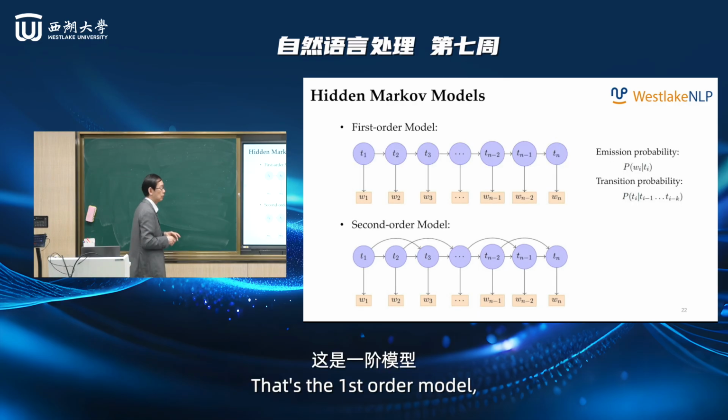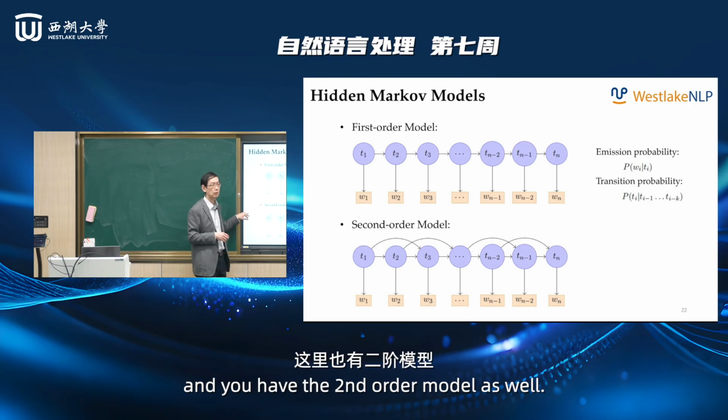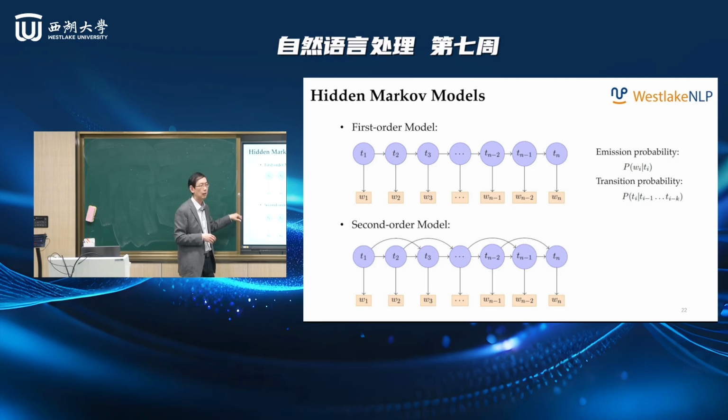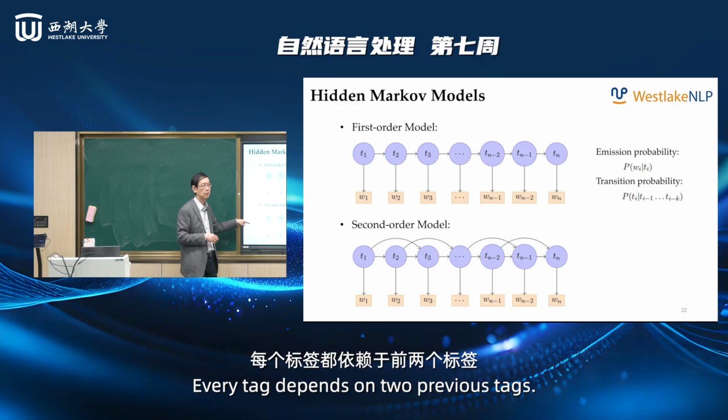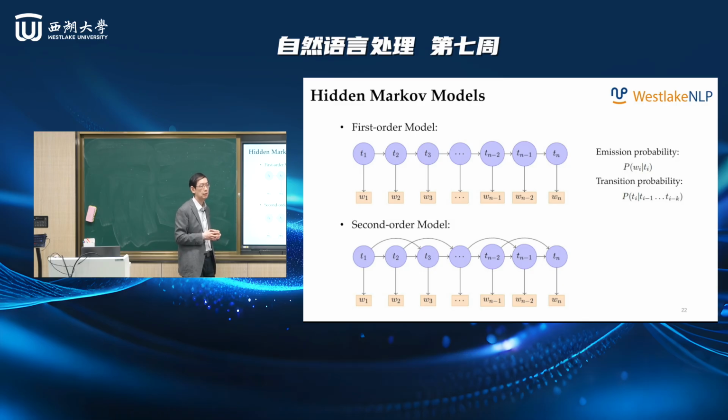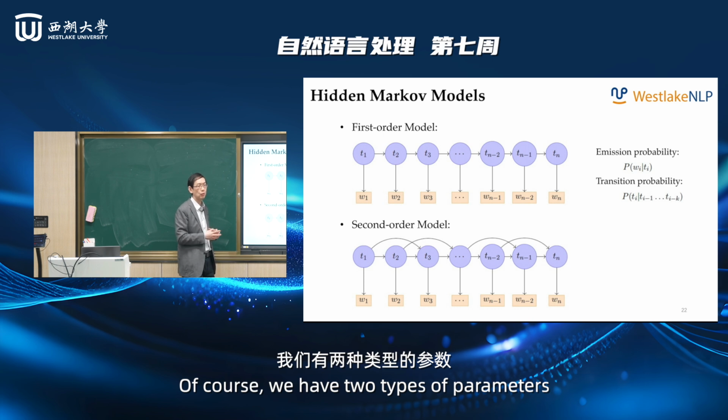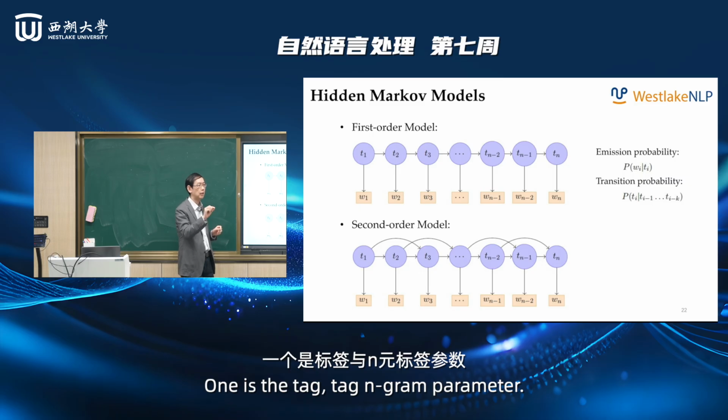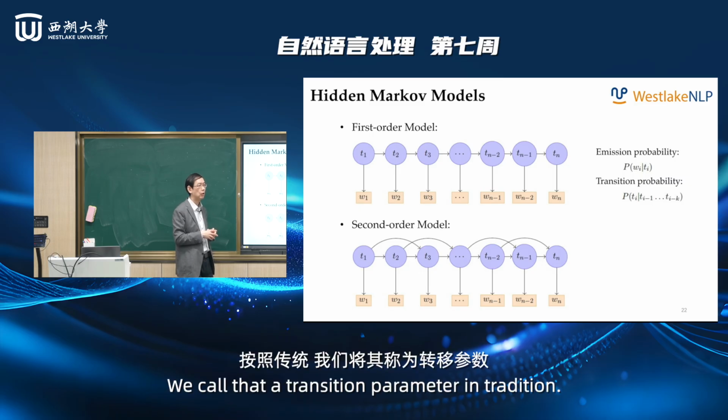That's the first order model, and you have the second order model as well, okay? Every tag dependent on two previous tags, all right? And of course, we have two types of parameters, right? One is the tag n-gram parameter. We call that a transition parameter in tradition.